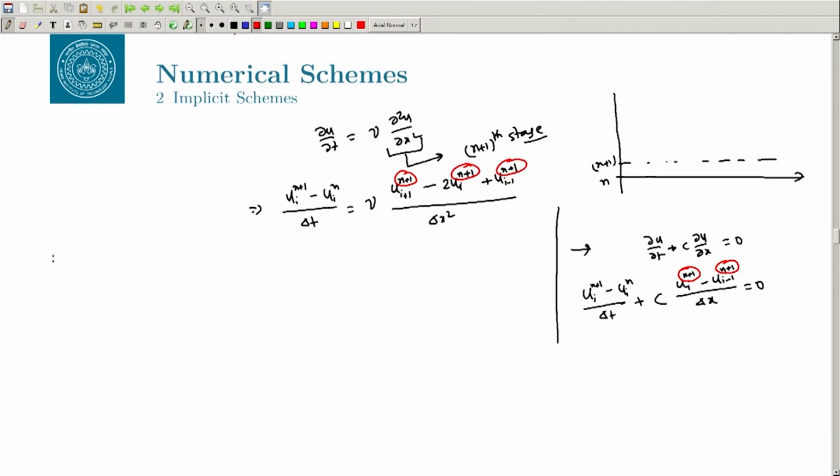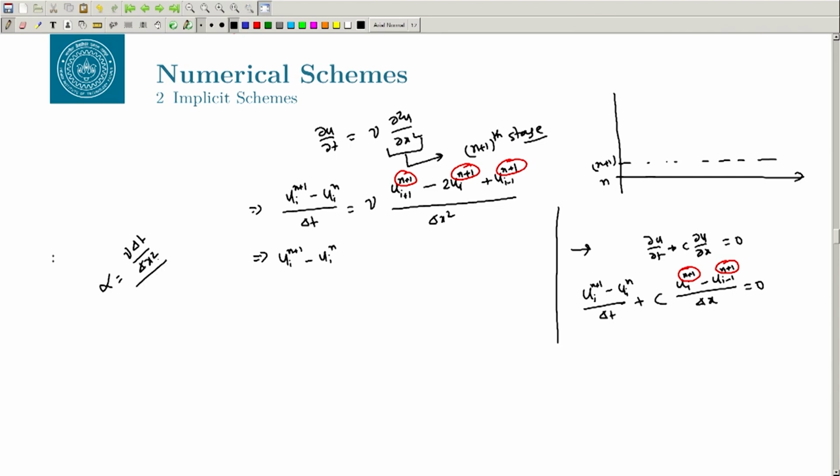So, how do we solve this problem? Let us try to formulate it and put the n plus 1 terms on the left and the n terms on the right. So, you can write it as u i n plus 1 minus u i n, and I will use alpha as my symbol for nu delta t by del x square.